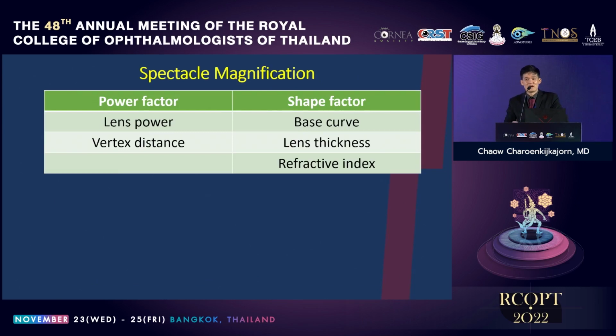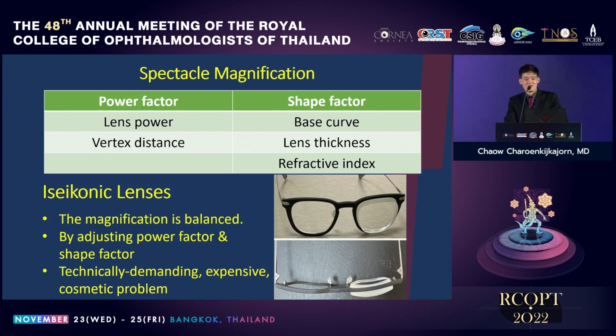So this is a summarizing table for the things that we talked about: power factor and shape factors. The reason I made this table is that I'm going to introduce treatment option number 3, which is called aniseikonia lenses. Aniseikonia lenses are customized lenses that we have to calculate for each individual, so the magnification is balanced between the 2 eyes.